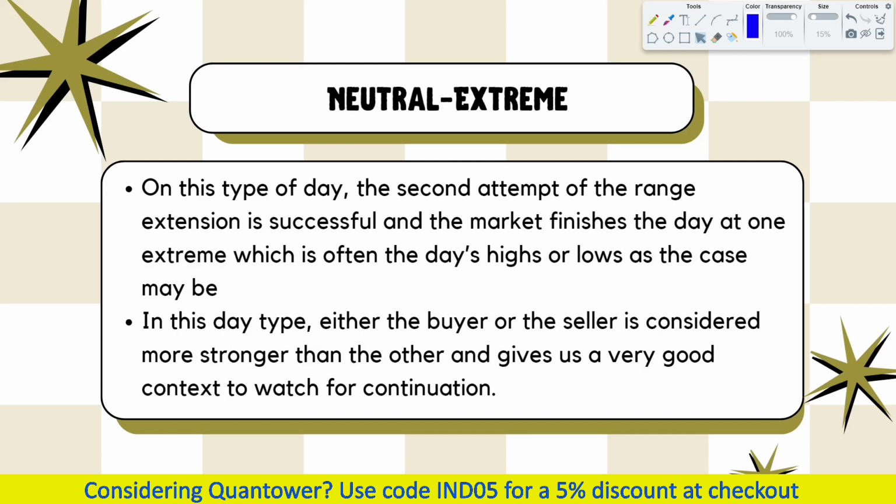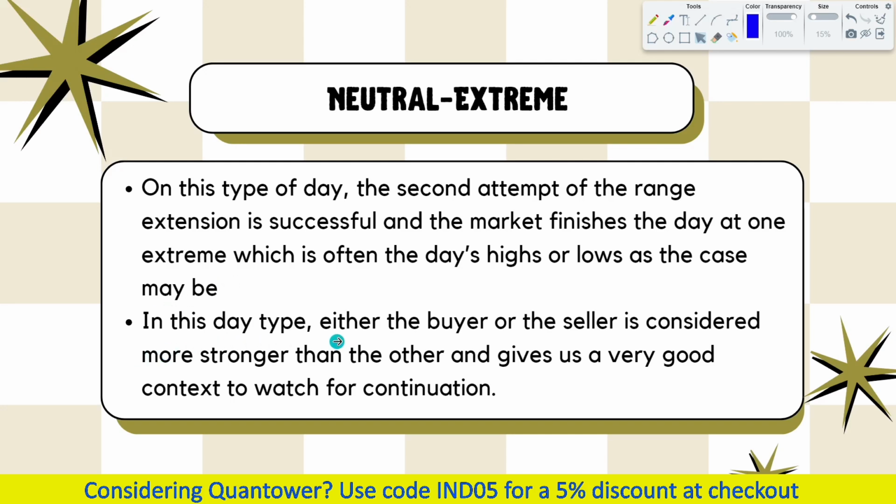So now coming to what is extreme, on this day the second attempt at the range extension is successful. Just before this slide I showed you the example, right? We got a breakout, thereafter we got a breakdown, but the breakdown continued. That sort of day is called extreme. So this type of neutral extreme usually closes at day highs or day lows.